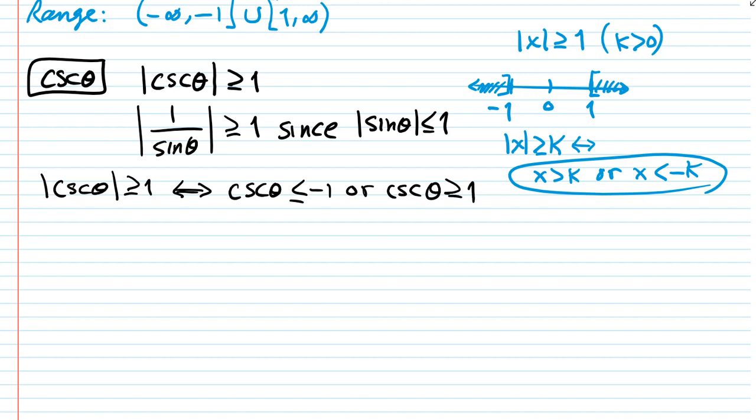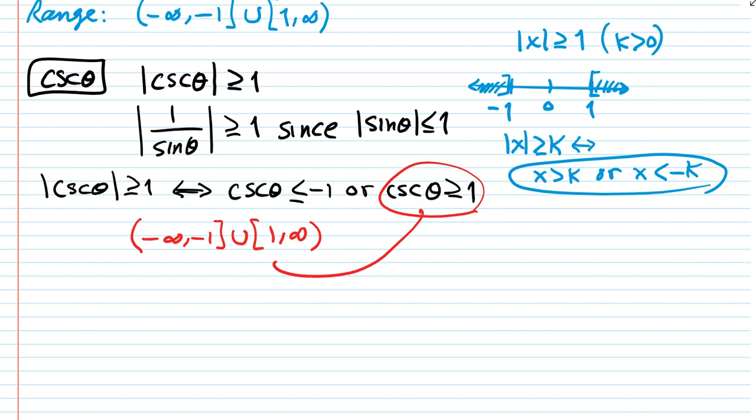All right, and the interval notation for this is just like for secant, -infinity to -1, union 1 to infinity. That's for this portion of it. The other one is this portion. Okay, and we have the ranges for them.